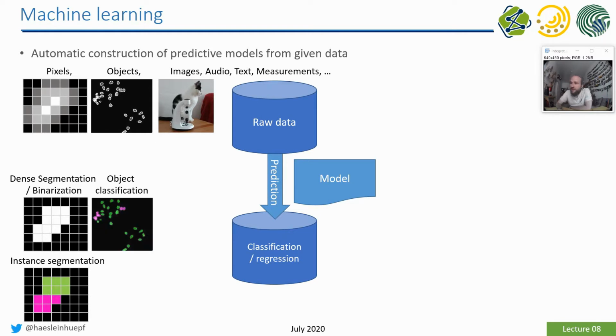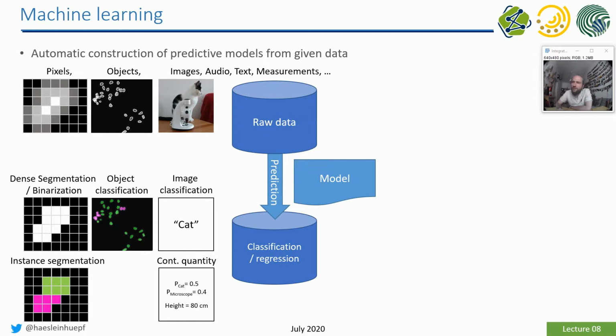We can also classify objects according to their shape, for example. We can differentiate round objects from not round objects by telling a machine learning algorithm to do it for us, and by not giving explicit rules as we did earlier. And we can also classify the whole image. So we can, for example, ask a classification algorithm: is this an image showing a cat or a microscope? And the algorithm will do that for us.